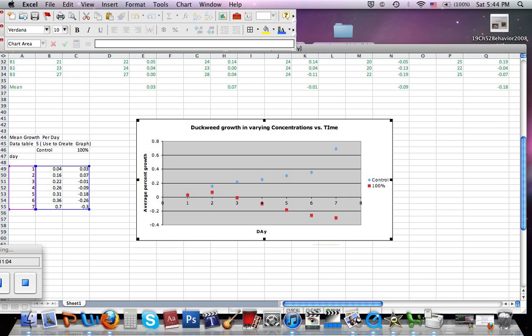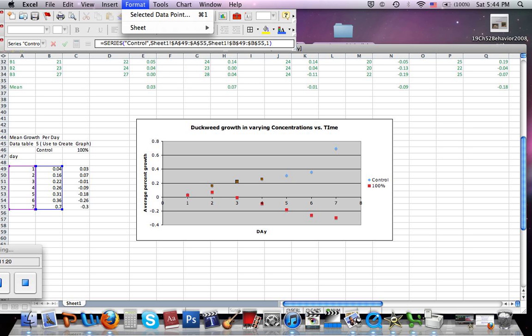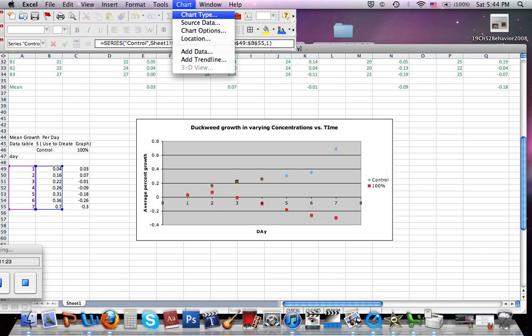Okay, so that's great. Now, on the newer version, you can pretty much just right click and it'll ask you if you want to add a trend line to your data. I don't see that happening on this version, so we're going to go up to, let's see, insert, see if I can find it, add trend line. So it's under chart.